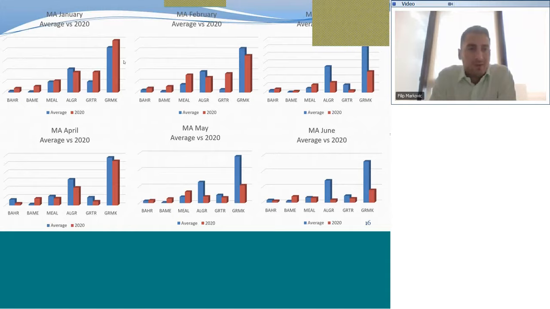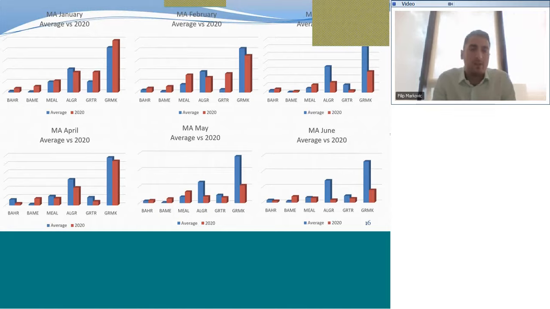So on this slide we have a comparison of incomes border per border, month per month. And what we can notice, for example, is that this year the incomes on Montenegrin borders are mostly a lot higher than in previous years, and we relate this fact to the start of operation of the interconnection between Montenegro and Italy.